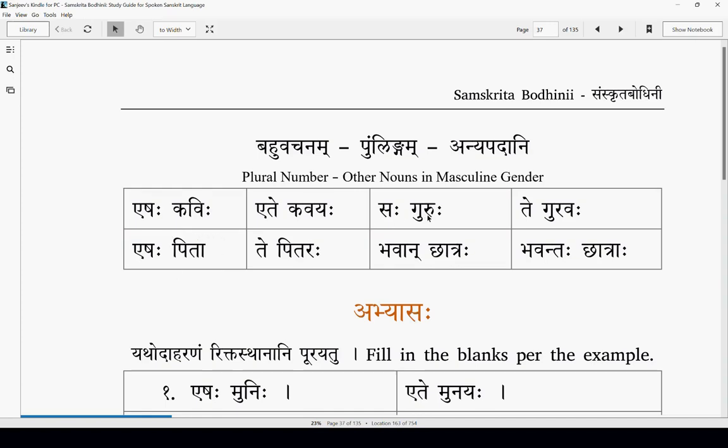Or before that we can look at Guru. Guruhu. There is a Visarga here. And before Visarga, what is the sound?